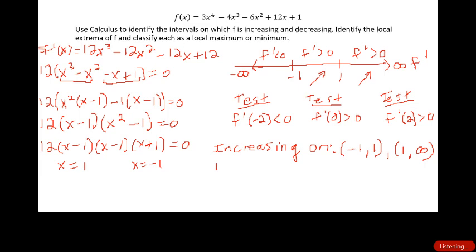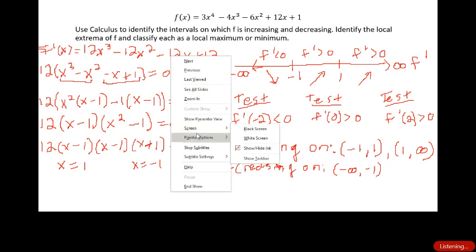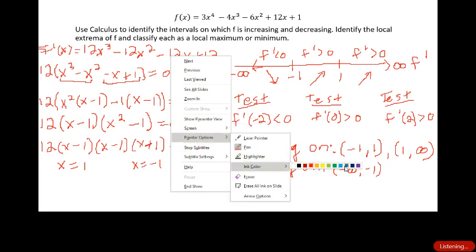Then this function is going to decrease wherever the derivative is negative. So this function is decreasing on just this interval here from -infinity to -1. So it is decreasing on the interval from -infinity to -1. So while we're at it, we can also identify whether these critical points are local minimums, local maximums, or possibly neither.